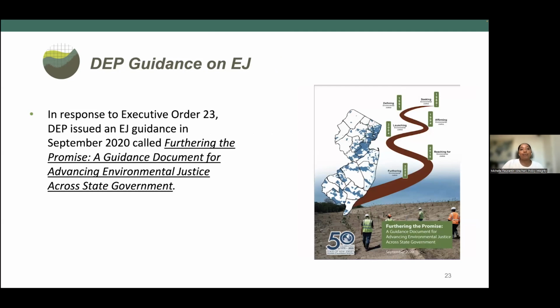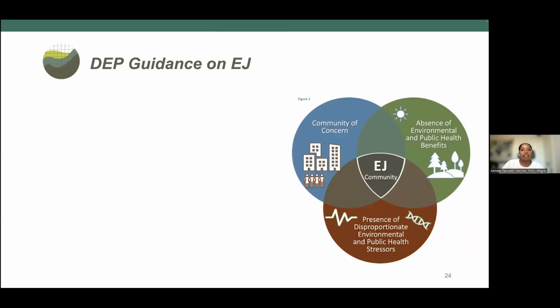And so in response to this executive order, DEP issued an EJ guidance in September of 2020. And this EJ guidance is called Furthering the Promise, a guidance document for advancing environmental justice across state government.